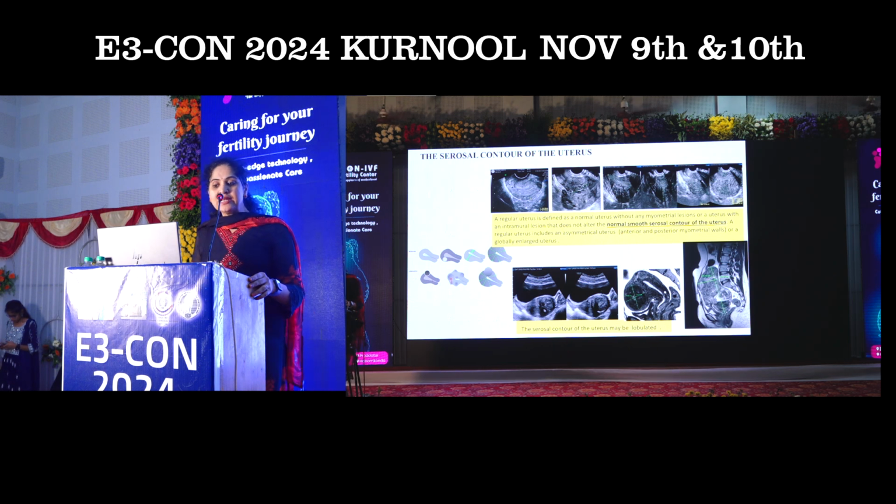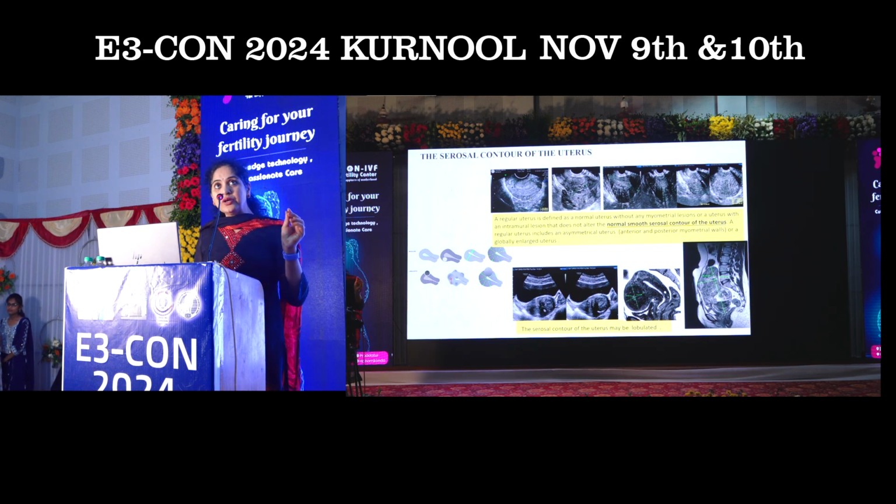A normal serosal contour can be seen in a normal uterus. It can be seen in a uterus with small seedling fibroids which haven't distorted the uterine serosa. It can as well be seen in focal adenomyosis involving anterior or posterior walls without involving the serosa. Or it can also be seen in diffuse adenomyosis with intact serosal contour.